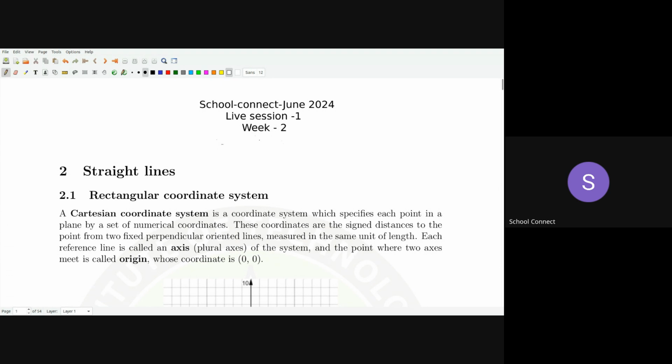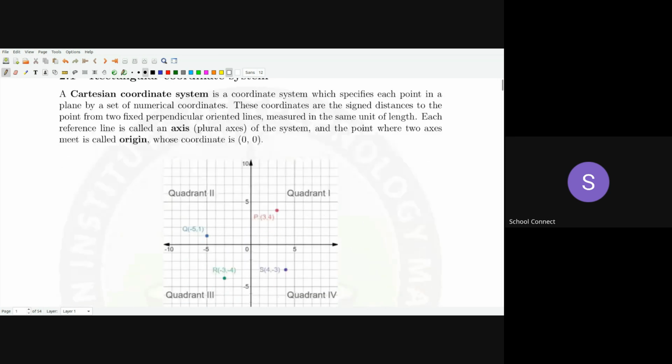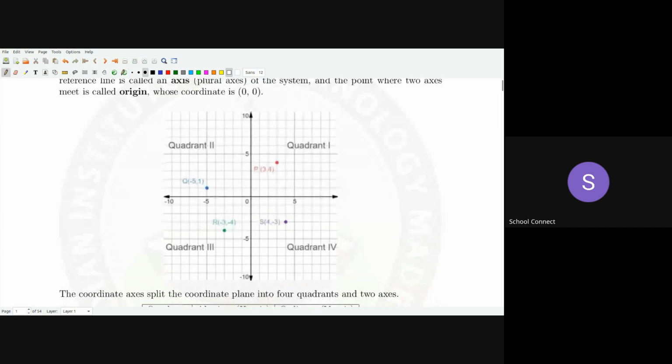So as I said, week 2 is majorly about straight lines, but we start with the rectangular coordinate system, which we also call the XY plane or Cartesian coordinate system. So all these three are the same. What exactly is this system? It's a plane which contains two axes.